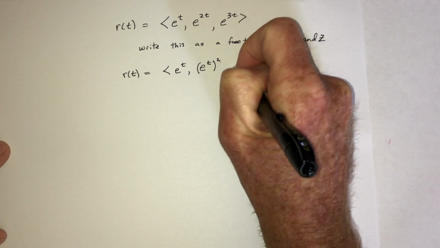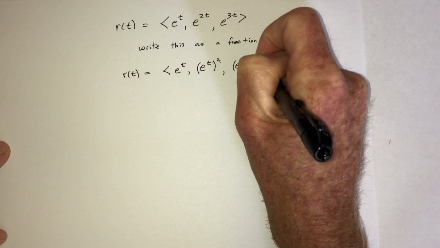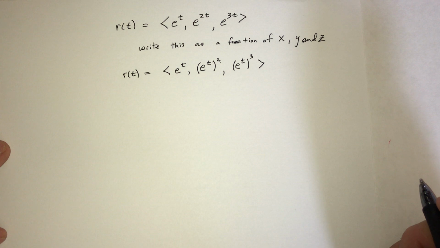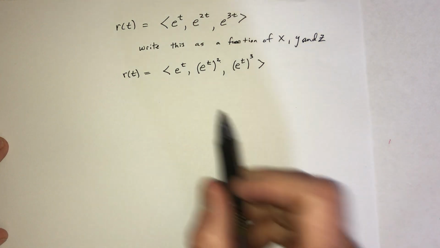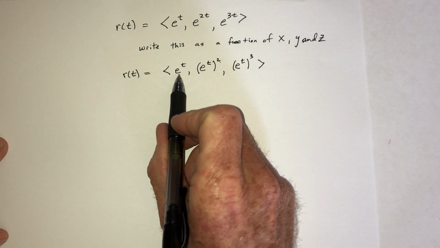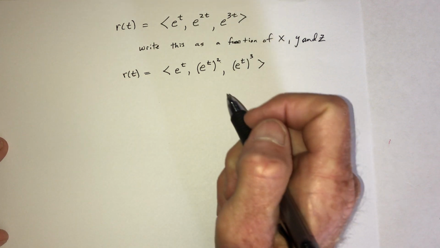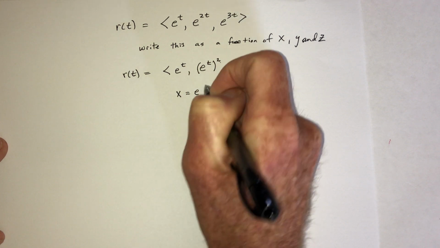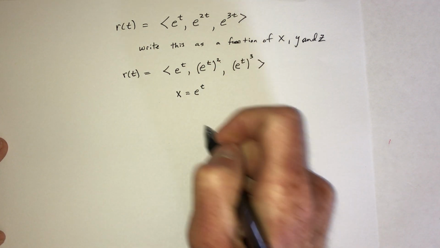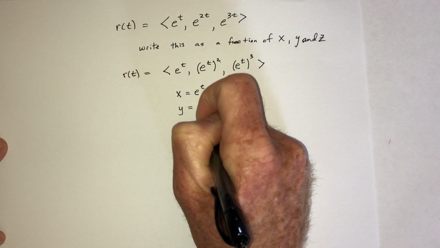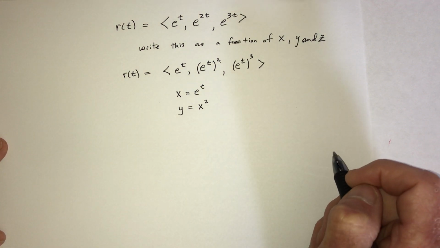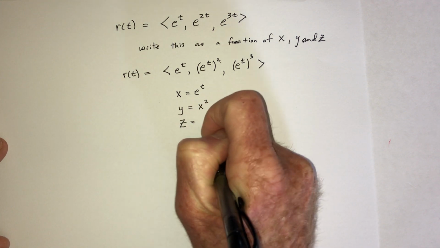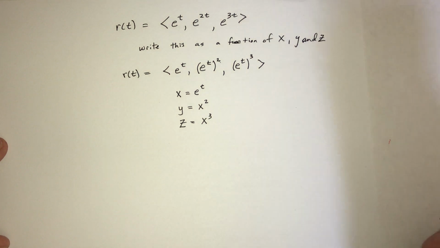And then here it would be e to the t being cubed. So this could be x. So actually, I would have that x is equal to e to the t, and then y is equal to x squared, and z is equal to x cubed.